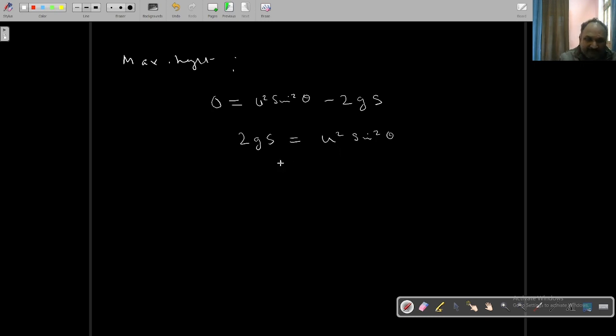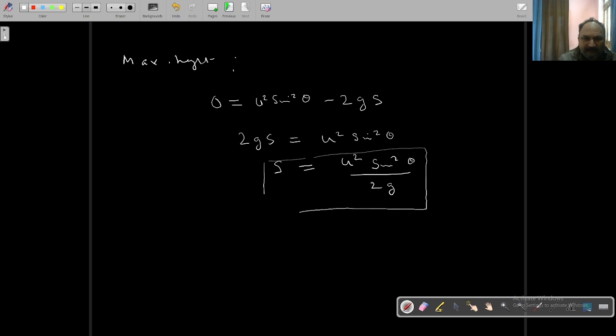So s, which is the maximum height, is equal to u square sin square theta by 2g. This is the second equation which we have deduced for maximum height. So we can also write h max is equal to u square sin square theta by 2g.